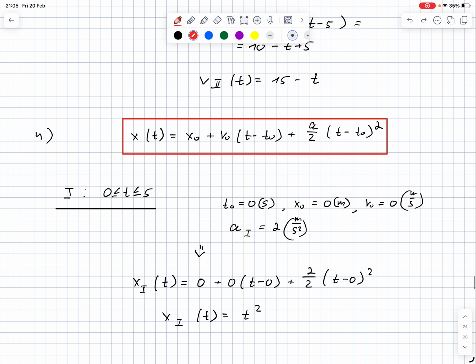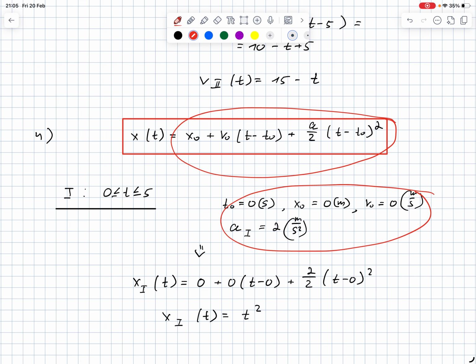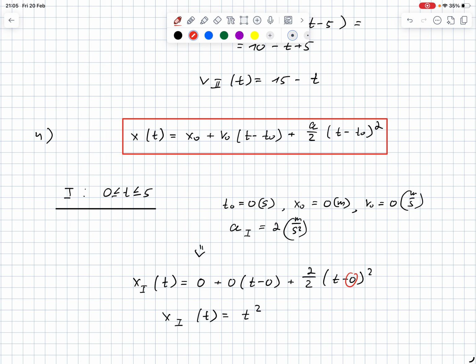Okay, also what do we know? Of course, the acceleration in the first time interval, which is 2 meters per second squared. Now we're going to substitute all these parameters in this formula with these values. When t equals 0 seconds, the initial velocity is 0, and of course the initial position is 0, and this is our acceleration in the first segment.